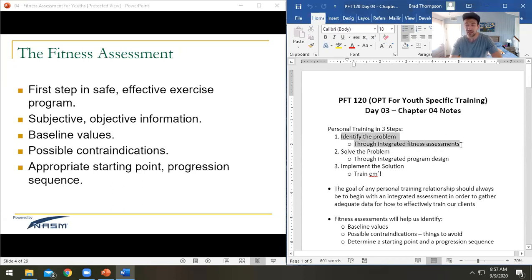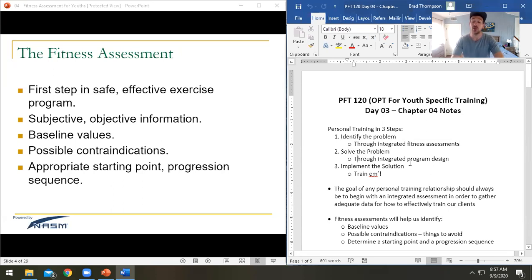Once you've got that perspective and you've got an understanding of all of the data, now we can solve the problem, right? And a lot of times we have a different definition of the word solve here. A lot of people think solve means the problem's gone. It's not necessarily. You are going to determine a solution. You are going to come up with the solve, right?